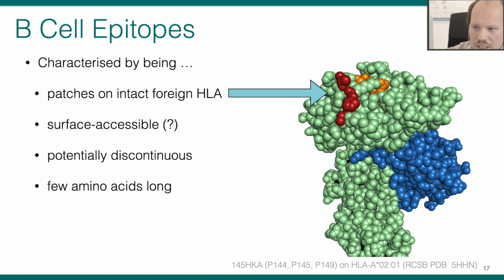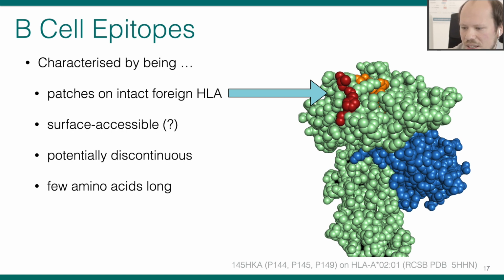Not necessarily foreign, your own HLA also has eplets, of course, but these patches, these surface areas, are considered an epitope, or well, today we usually call it an eplet. And what we see here is an HLA A*02:01 with a 145 KHA, so that's basically the name of that red eplet we see here.